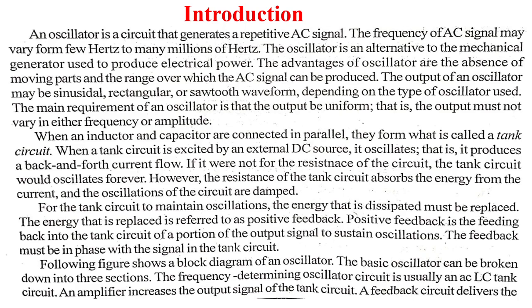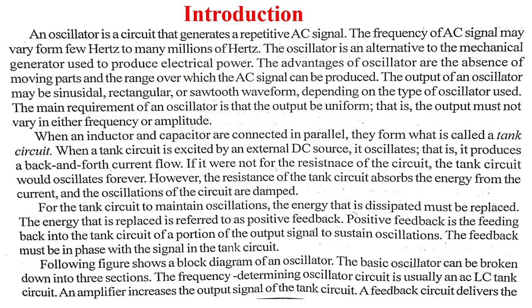It produces output, with output voltage control and output frequency control. In an oscillator, there is no external AC signal. Therefore, we can say an oscillator is a circuit that produces output oscillation without any AC input signal.